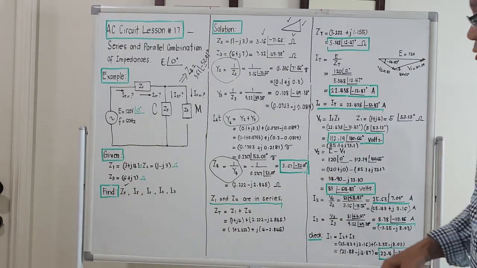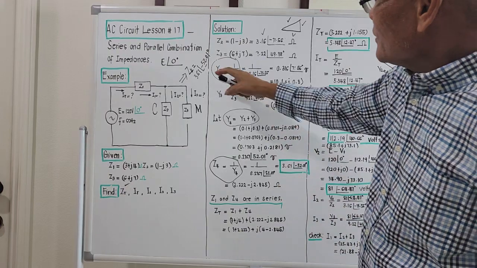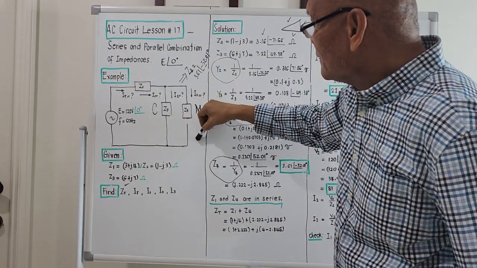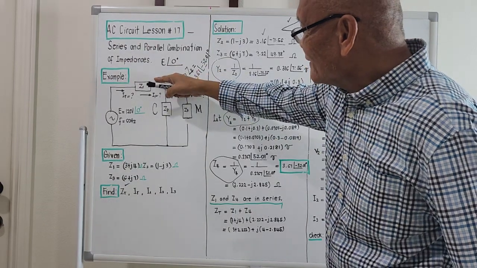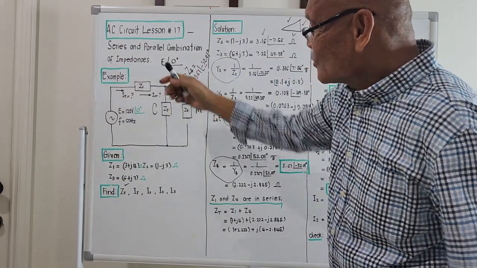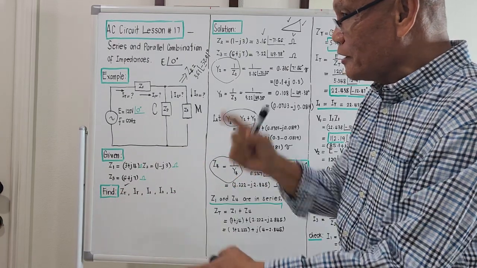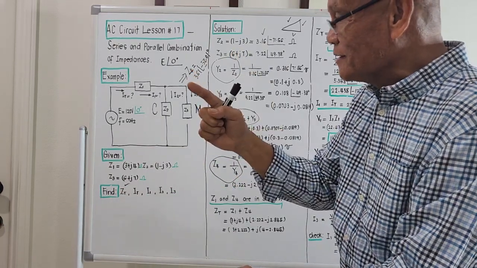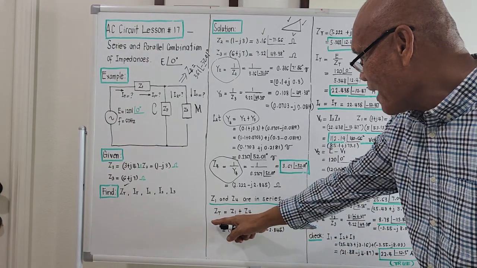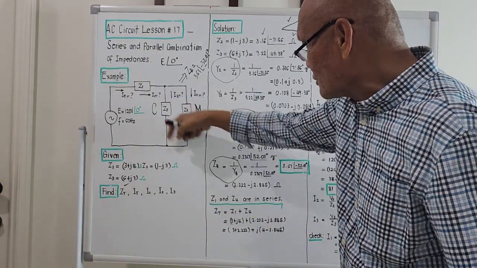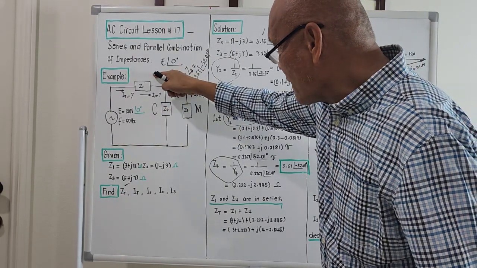Okay? So this Z4, this compressed equivalent of Z2 and Z3, is connected in series with Z1. So use your knowledge on how to compress two impedances in series. It is just the sum, right? So Z total now will be the compressed equivalent of Z2 and Z3 plus Z1.